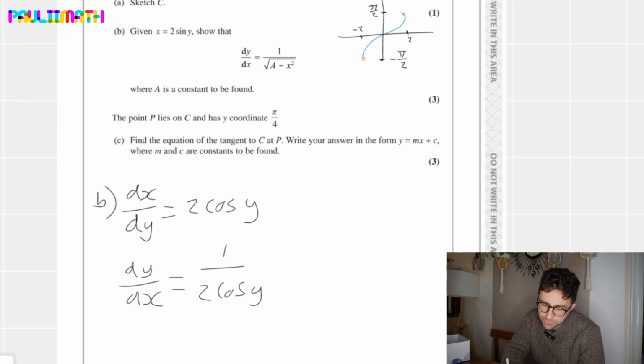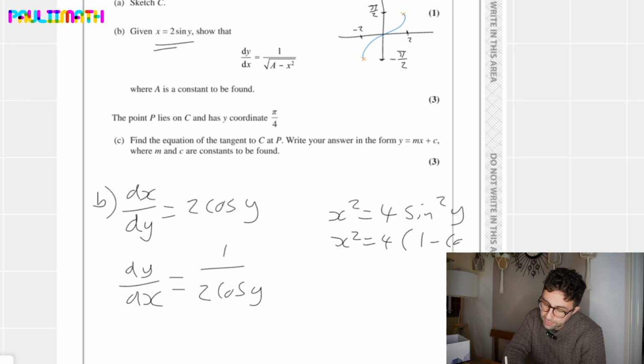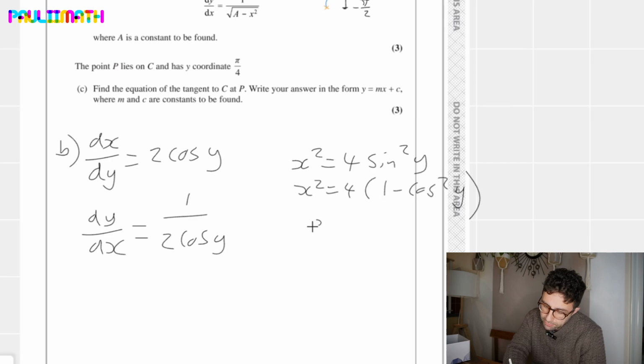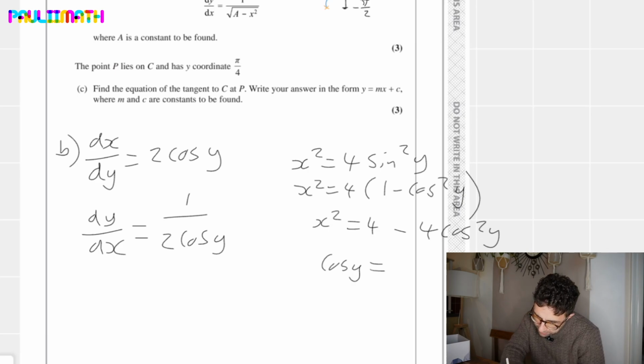I would just use the original thing again, squaring both sides of x equals 2 sine y. x squared equals 4 sine squared y. So x squared equals 4 times 1 minus cos squared y. Continue to play around as required, and you should end up seeing that cos y equals, let's do extra lines of working.